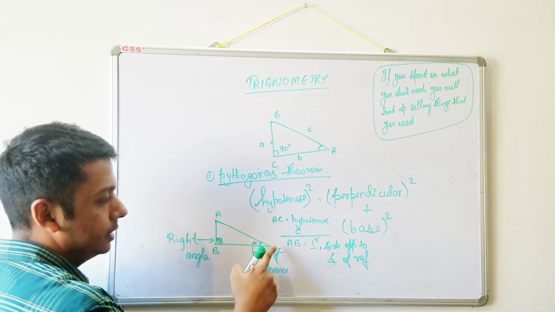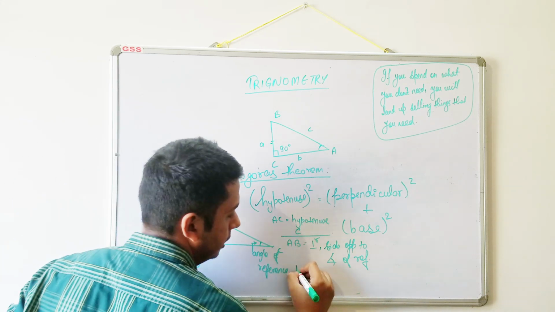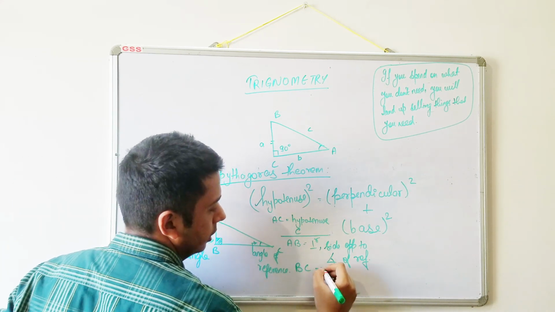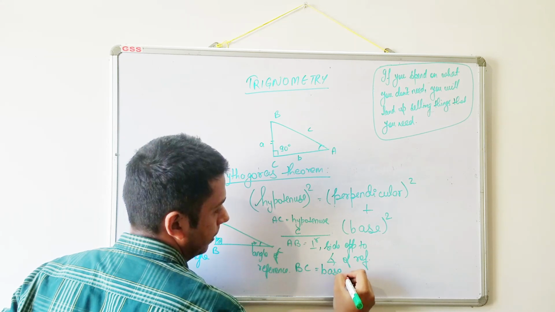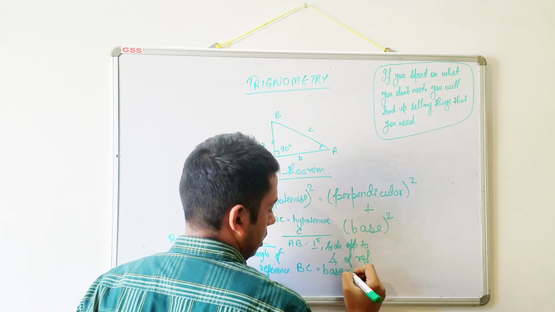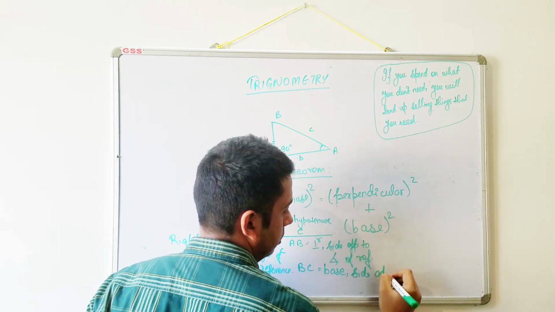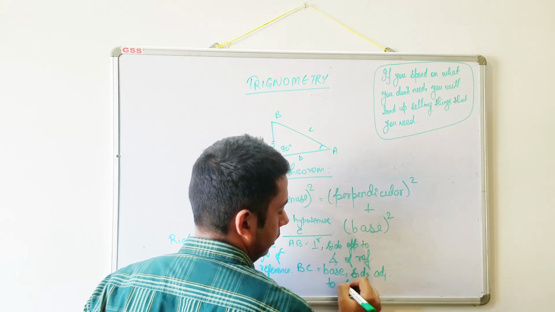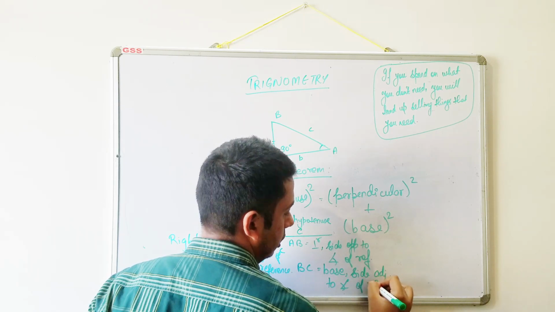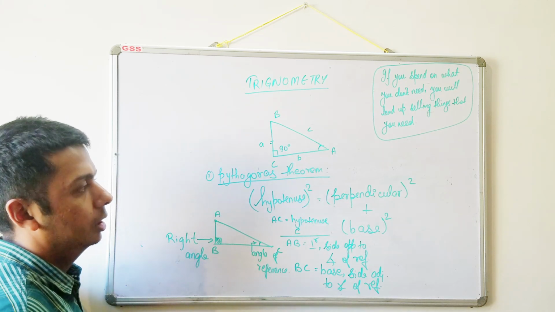And for C, this is adjacent to it. So BC is equal to base, which is side adjacent to angle of reference.